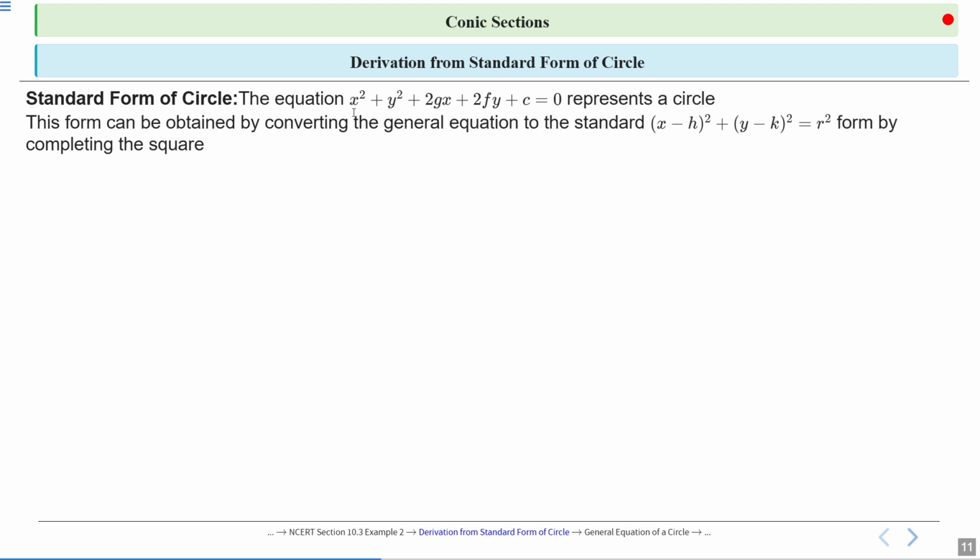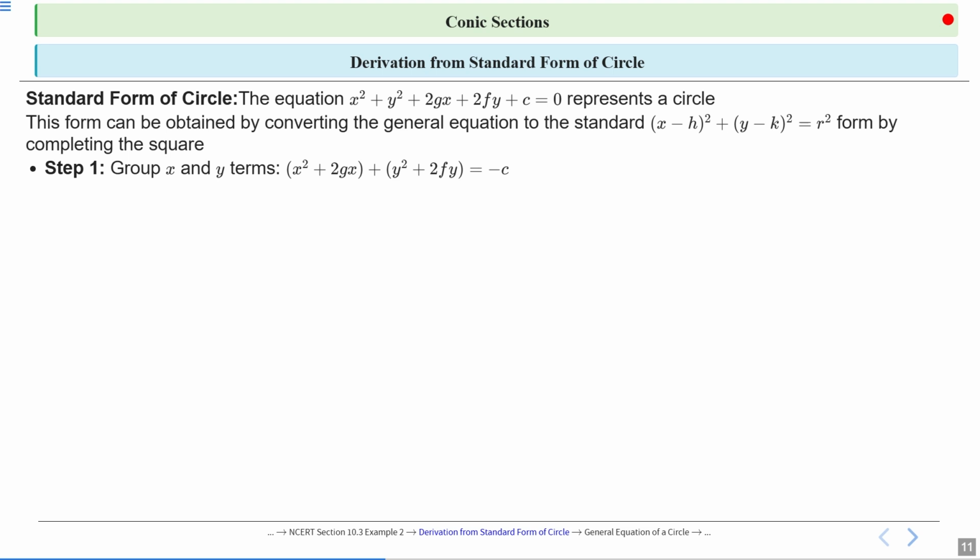So this equation is the general equation of the circle, and we can convert it into the standard form, that is, x minus h whole square plus y minus k whole square equal to r square. How can we convert the general equation of the circle to the standard form? By completing the square we can convert it.